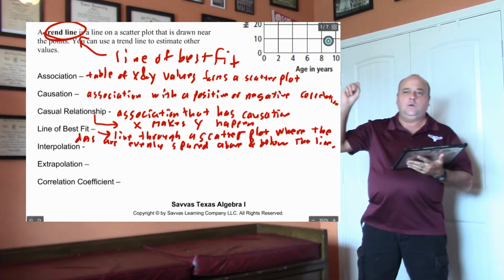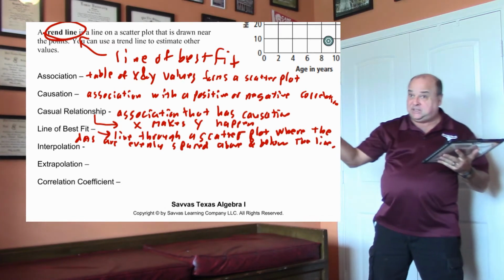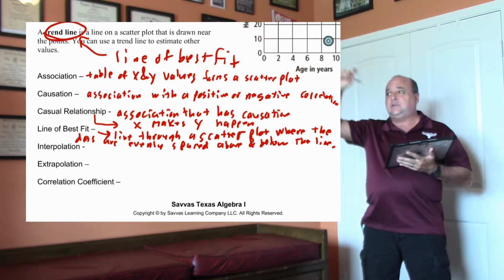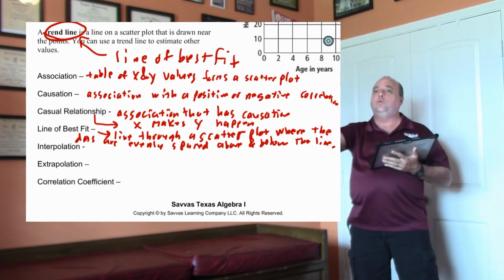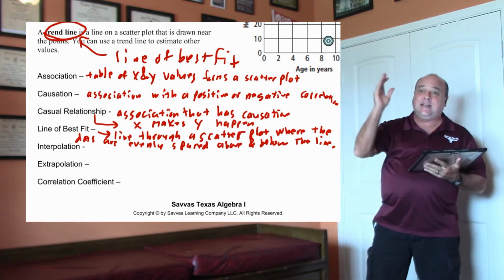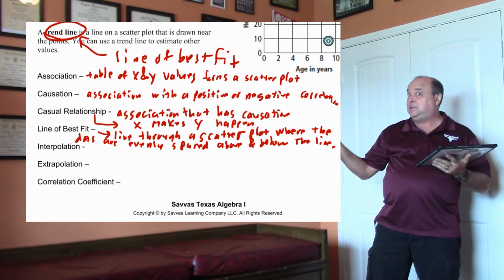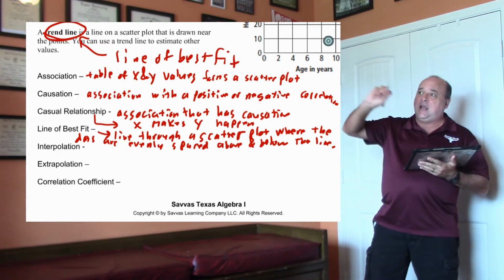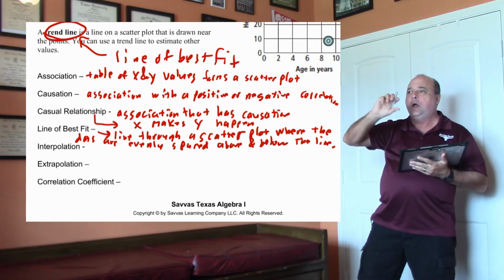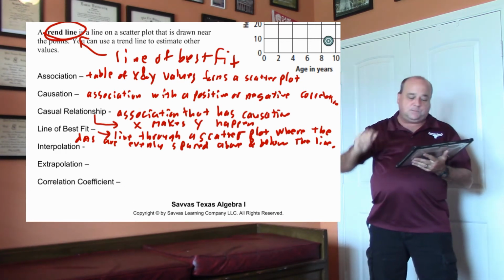We're not going to go as deep as statistics, but this basically is your statistics here. You would calculate the distance above and below each point, and you would want to make them equal. We're not going to get into the terminology of that in Algebra 1, because the TEKS says you don't have to. But that line of best fit basically is getting the distance above and below all those dots equally spaced.